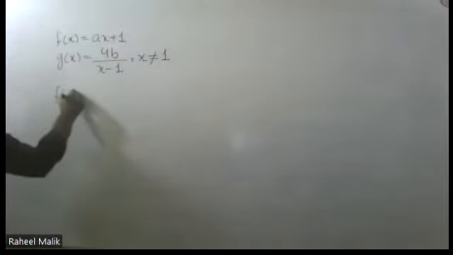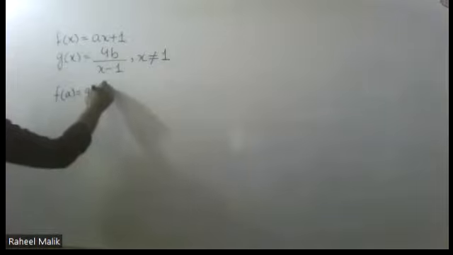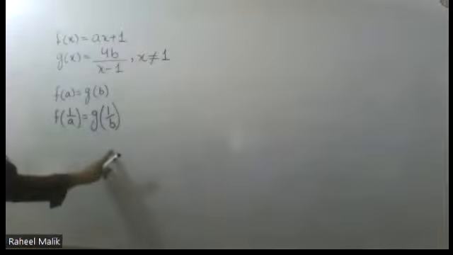After that, they have said f of a equals g of b. This is the first condition given to me. In the second situation, they are saying f of 1 over a equals g of 1 over b.